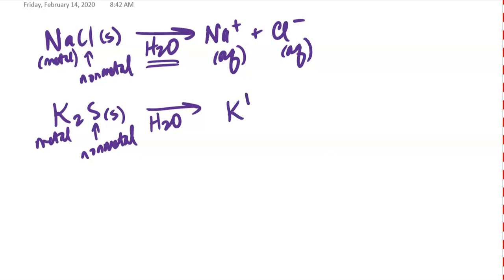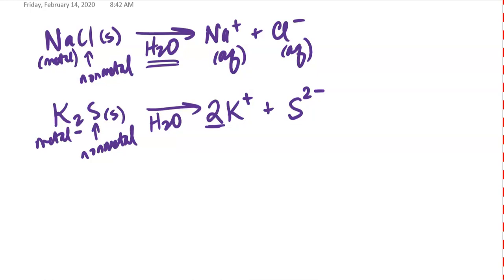I get potassium cation with a +1 charge, and in this instance, the sulfide ion with a 2- charge. But notice that if I'm writing a chemical equation, I have to make sure the equation balances. And right now it doesn't because I had 2 potassiums on this side, but I only have 1 on that side. And so that means I have to insert a coefficient of 2 here.